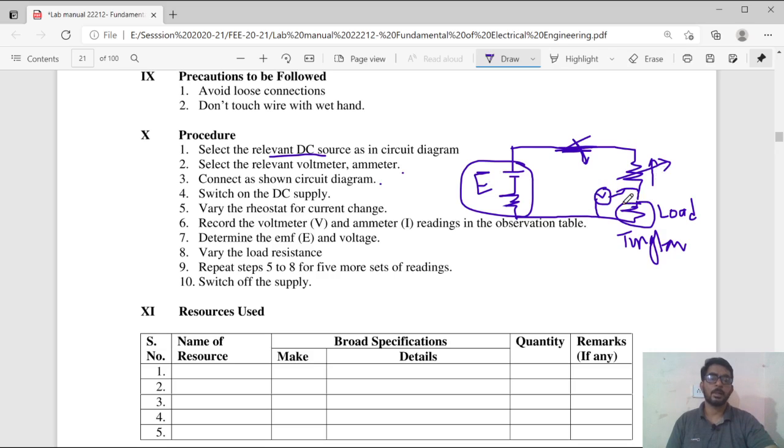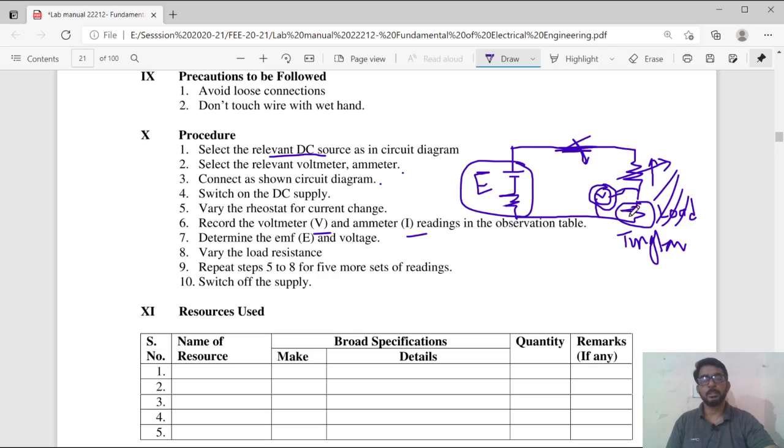You will find the intensity of the lamp slowly increasing, since this is a tungsten filament lamp, and the voltage developed across this lamp may also vary as per the flow of current. So record the voltmeter and ammeter readings.